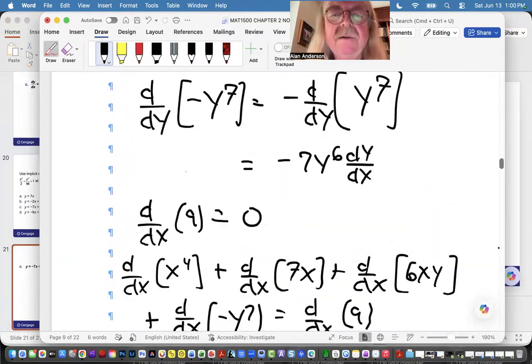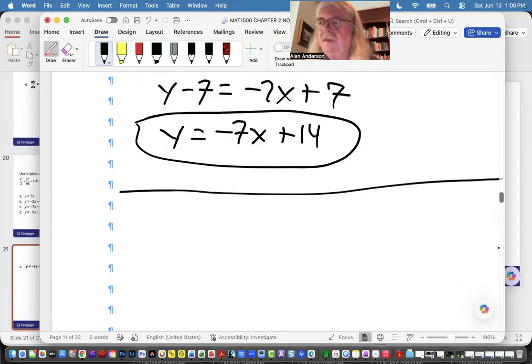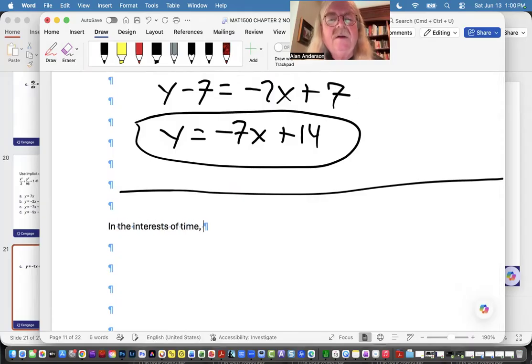All right. So now here's what we're going to do. This is 2.5. So what I've decided to do, I'll mention this right now. In the interests of time, we will skip 2.6.